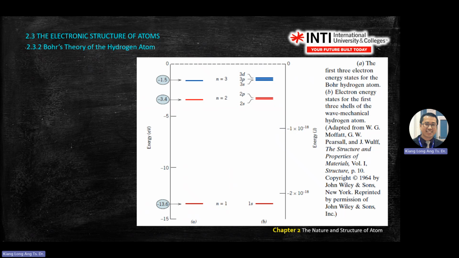So what is the energy at number 2? Minus 3.4 minus 1.5. So what is the answer? Positive?